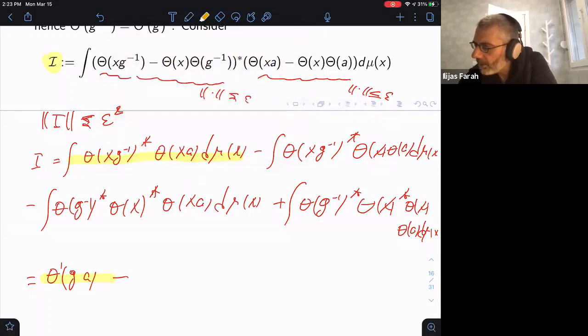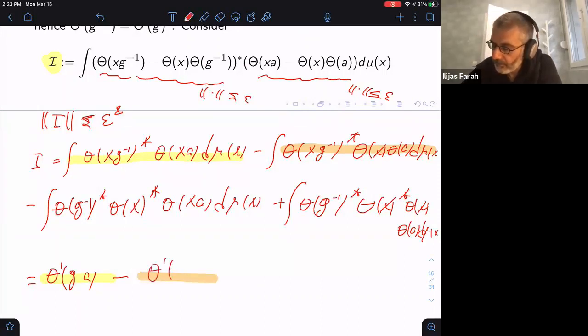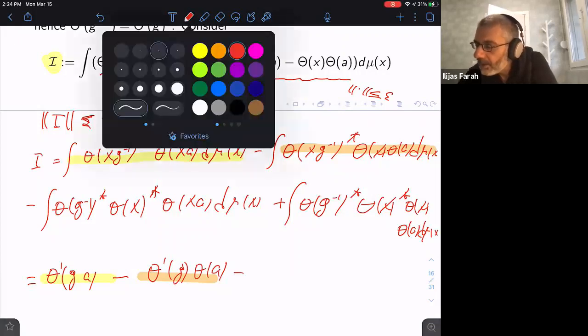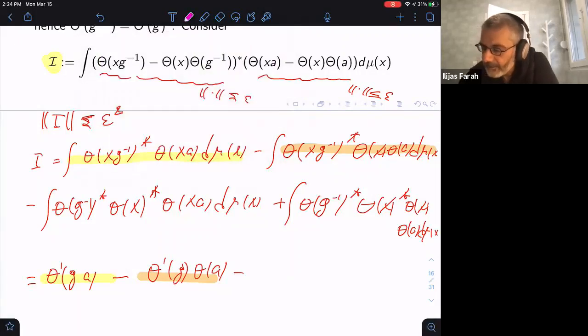Let's choose the next color for that. Theta of a is a constant, it just goes out. And again, by substitution, x replaced with xg, we get that this is theta prime of g, times theta of a.